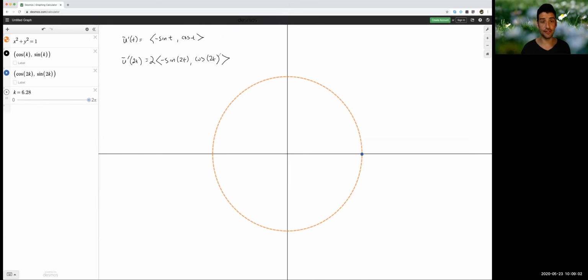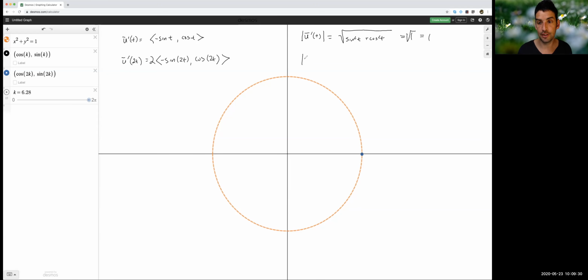So if these are velocity vectors and one's going twice as fast, this one should be twice as big. Let's compute the magnitudes of these. The magnitude of u prime of t is going to be the square root of negative sine t squared, so that's sine squared t plus cosine squared t, which is equal to the square root of 1, or 1.